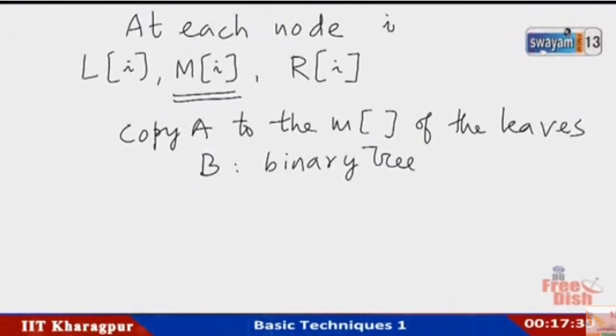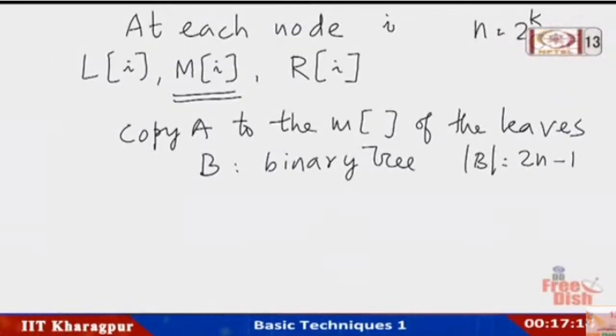This array B has a size of 2n minus 1. A full binary tree of n leaves will have 2n minus 1 nodes. Here again we assume that n is a power of 2 for simplicity. If n is not a power of 2, you can always pad n up to the nearest power of 2.